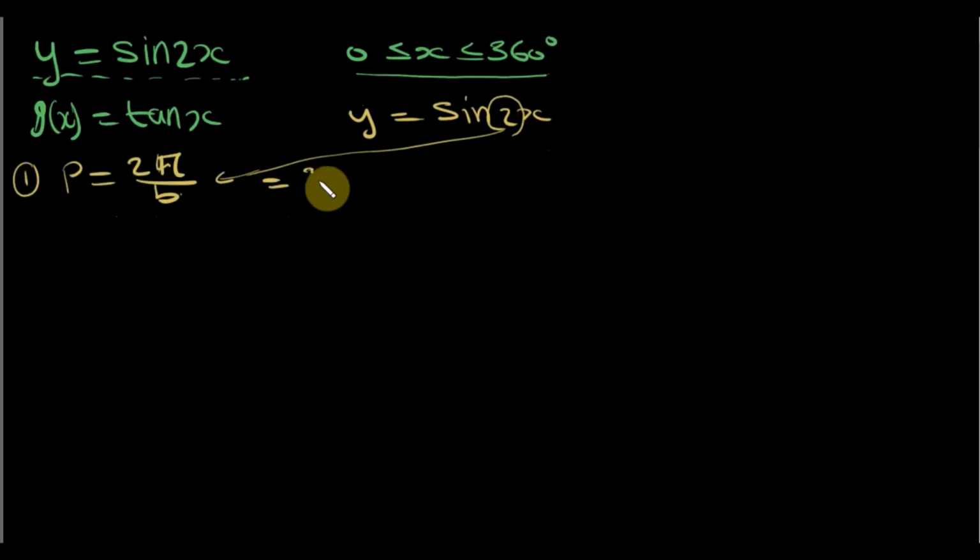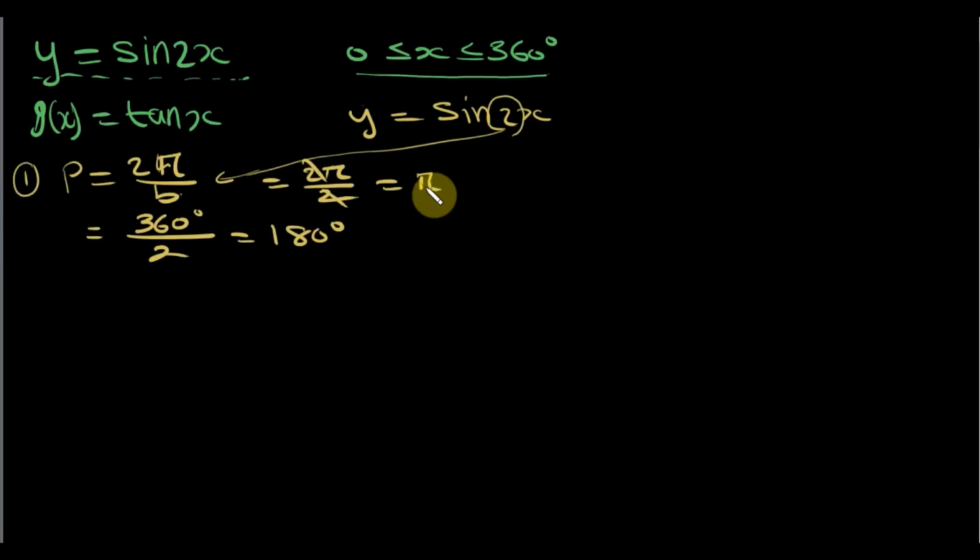So the period will be 2 pi over 2. In this case, we're just left with pi. So this is the period in radians. We're working in degrees, so we can just rewrite this formula. 2 pi is the same thing as 360 divided by b. b is 2, so 360 divided by 2 gives us 180 degrees.